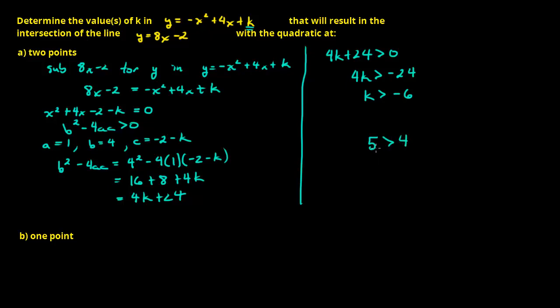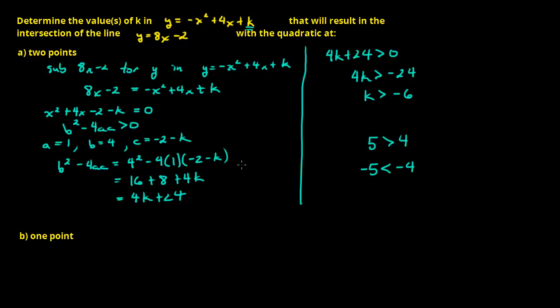If I multiply both sides by -1, or divide both sides by -1, I would get -5 is less than -4. So that gives you some intuition as to why you need to flip an inequality when you divide or multiply both sides by a negative number.